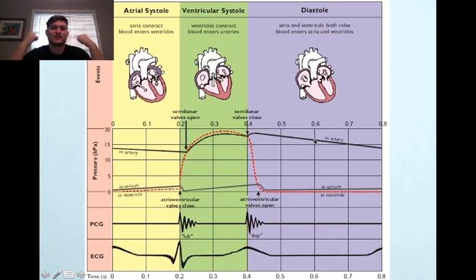As we want to increase heart rate, that period of relaxation becomes less and less and less. So therefore, the filling time of the heart, its blood flow supply, is going to get cut off.